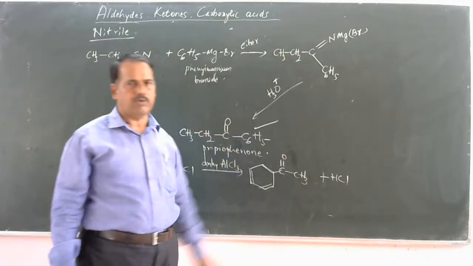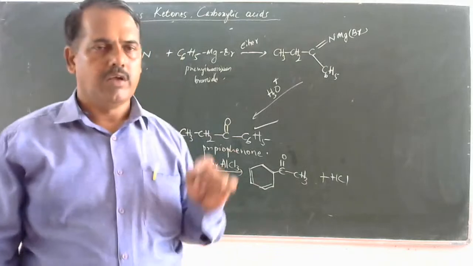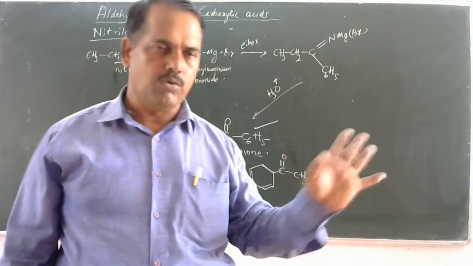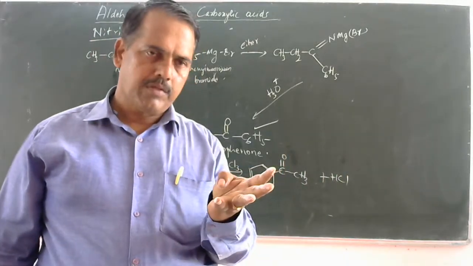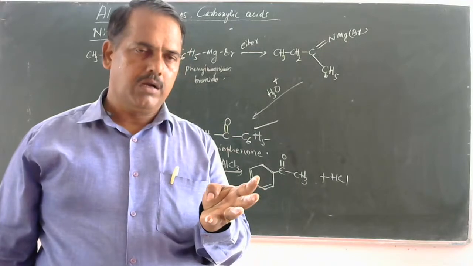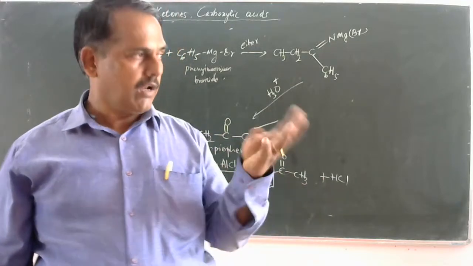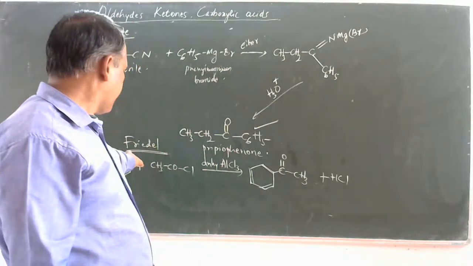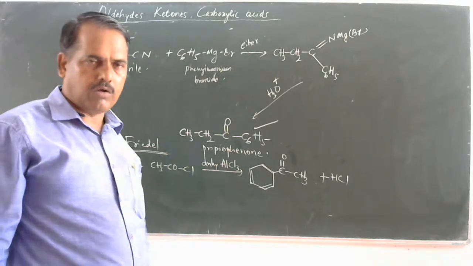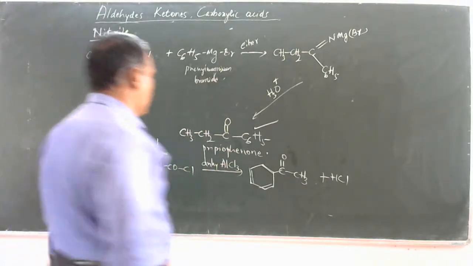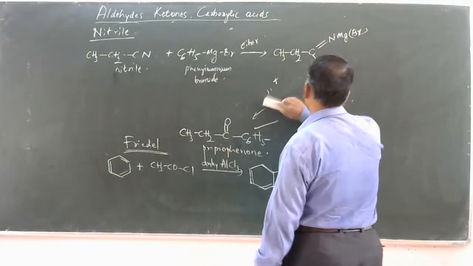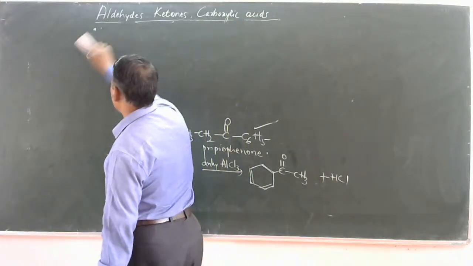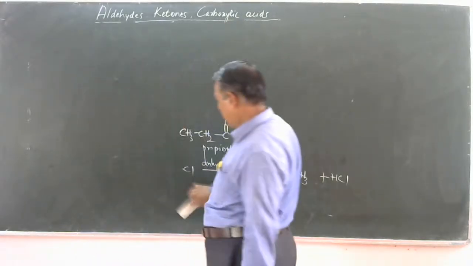It is a ketone, and this is a very important method for the preparation of ketone. Are you clear? We completed that ketone can be prepared by dialkyl cadmium, and it can also be prepared from nitrile, and from benzene and acetyl chloride. So this completes our study of preparation of ketones, and we shall study some part of your next syllabus.